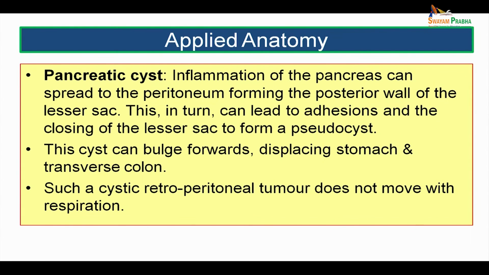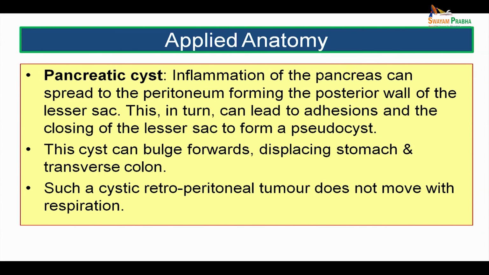Next, we see pancreatic cyst or pseudocyst of pancreas. Inflammation of the pancreas can spread to the peritoneum, forming the posterior wall of the lesser sac. This in turn can lead to adhesions and closing of the lesser sac to form a pseudocyst.